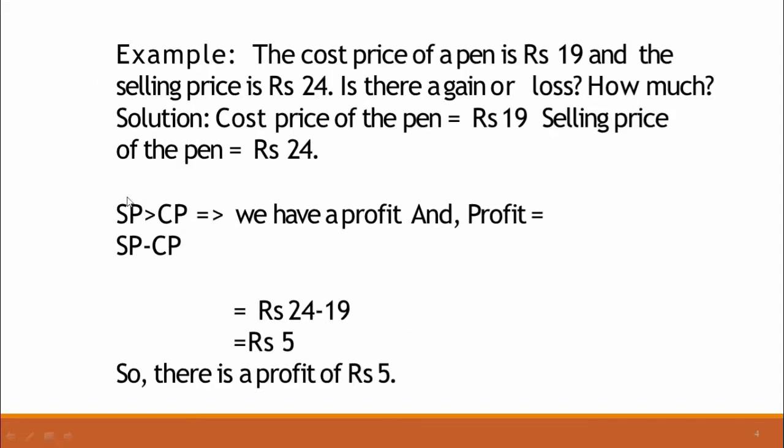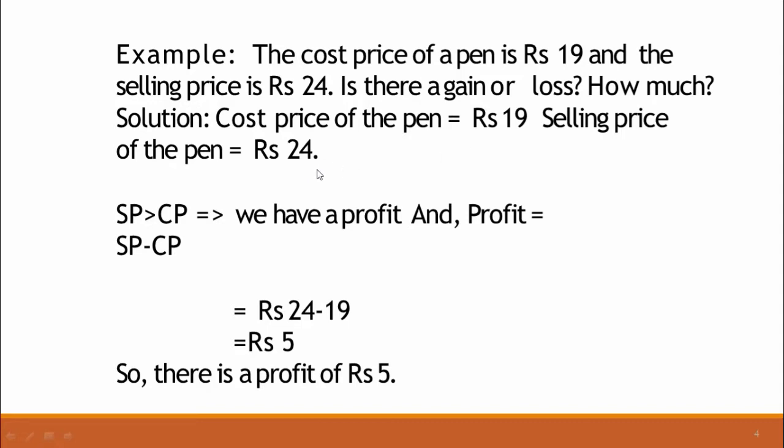Now another example: the cost price of a pen is 19 rupees and the selling price is 24 rupees. Is there a gain or loss? How much? So for the solution, point out the cost price of the pen. The cost price is 19 and the selling price is 24.